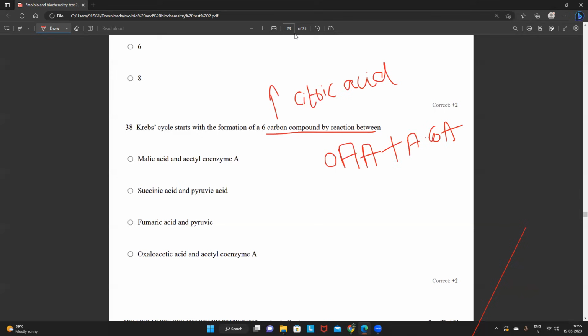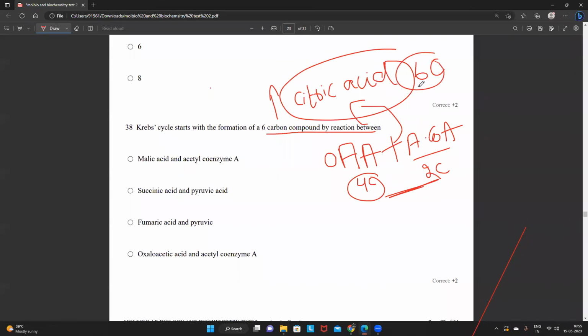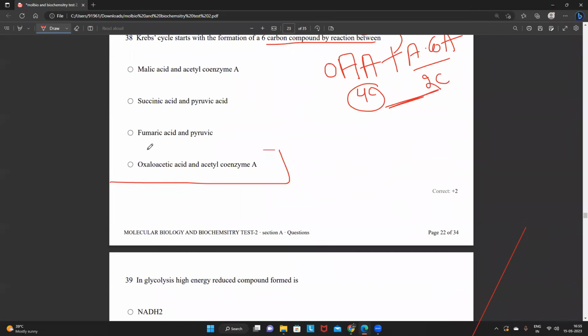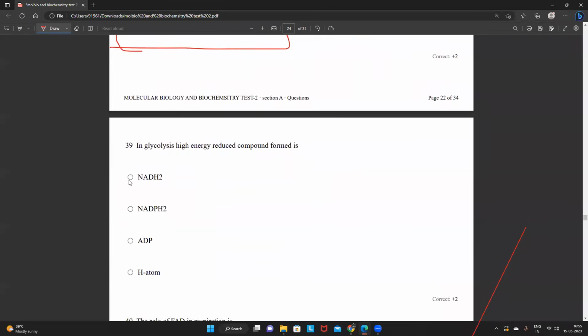Yes or no? Because acetyl-CoA is a 2-carbon containing compound, and oxaloacetate is a 4-carbon. 4 plus 2, 6 carbon, giving rise to citric acid, which is the 6 carbon. Hence, the correct answer is oxaloacetic acid and acetyl coenzyme A. No need to get confused.